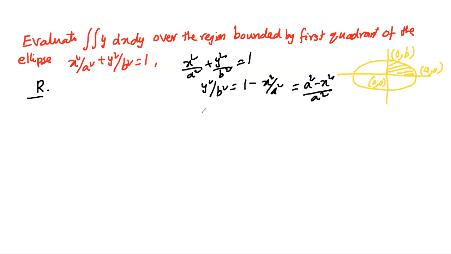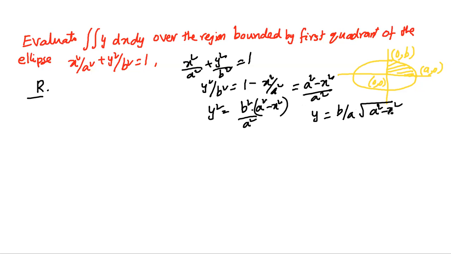Now y square is equal to b square into a square minus x square by a square.